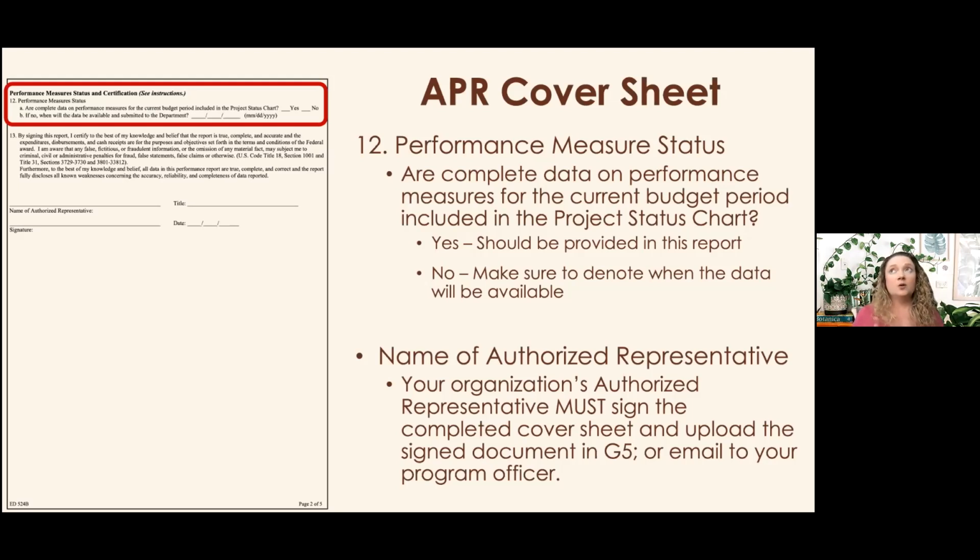Maybe you know that the end of year benchmark is given in May, we usually get the results by end of June, so I would have that data by July. So you could put in by the end of July, and that's fine. But it is really important to make sure and either mark yes that you have all your data right now, or no, which again is perfectly acceptable, but make sure to include when you would have complete data available.